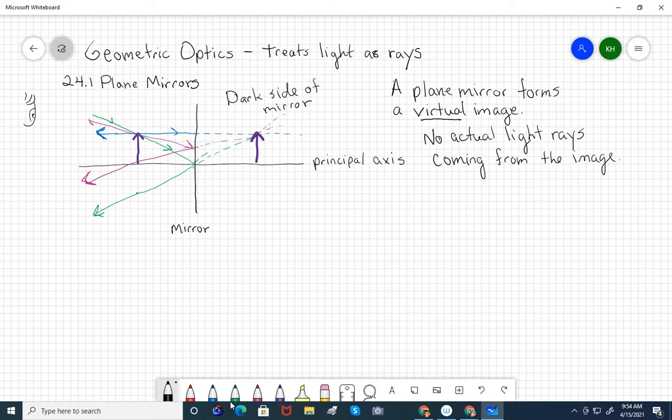The other thing we notice about the image is the image is upright. Virtual images are always upright.